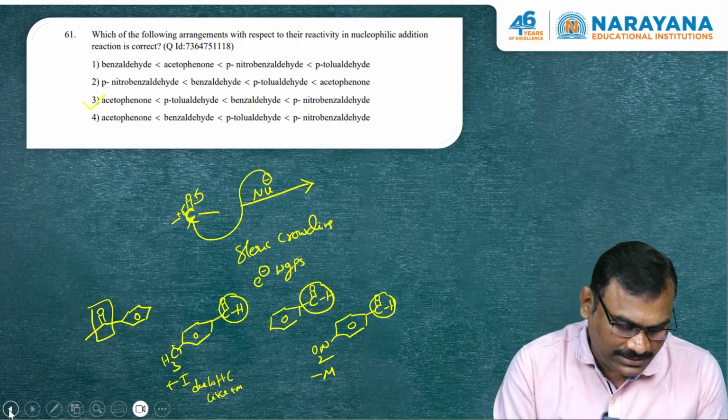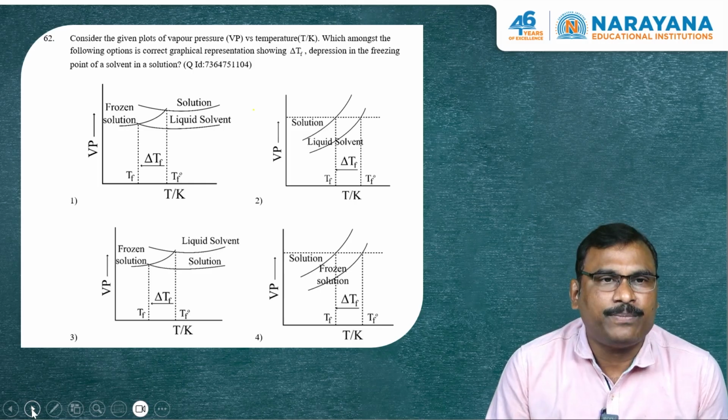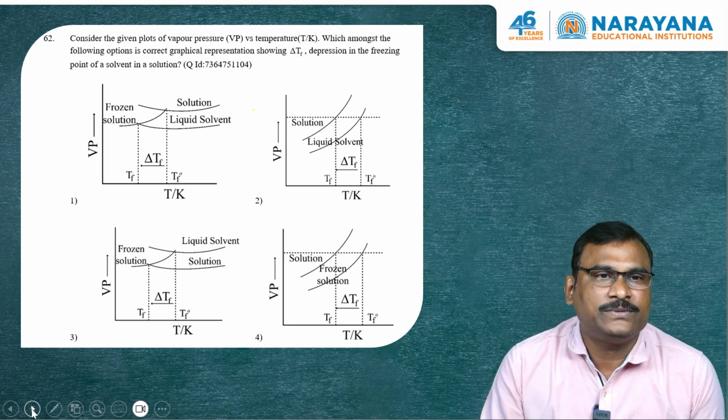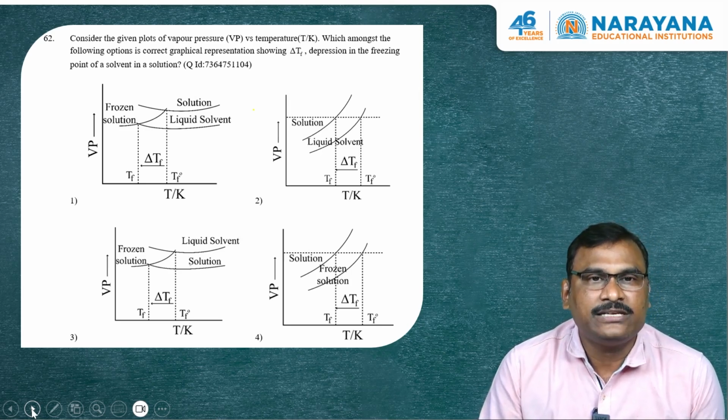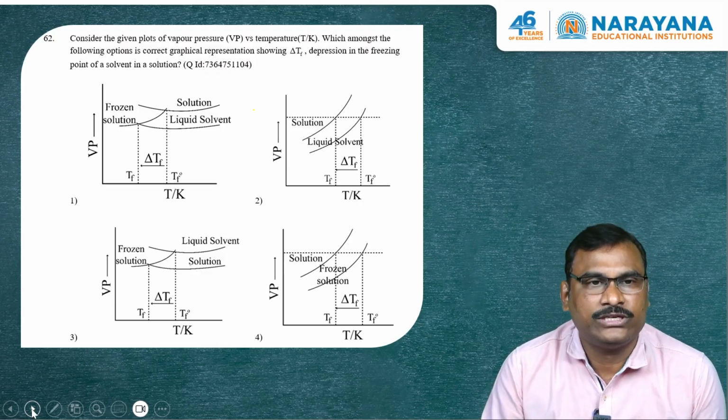Next, go for the next one, student. 62. Consider the given plots of vapor pressure versus temperature. Which amongst the following options is correct? Graphical representation showing depression of the freezing point of the solvent in a solution.